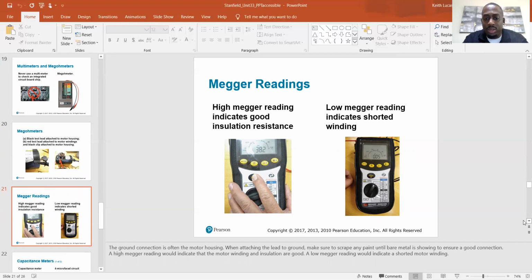When attaching the lead to ground, make sure to scrape any paint until bare metal is showing to ensure a good connection. A high megger reading would indicate that the motor winding and insulation are good. A low megger reading would indicate a shorted motor winding. So over here, you got that low reading, shorted motor. Over here, a much higher reading, windings are good.